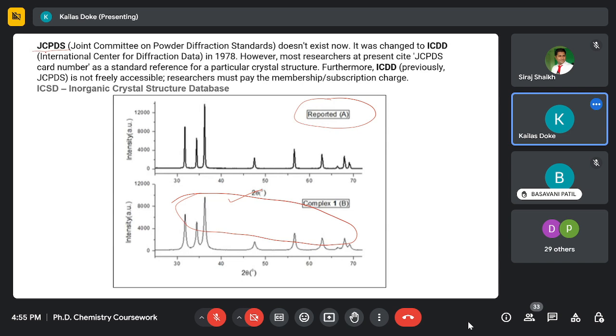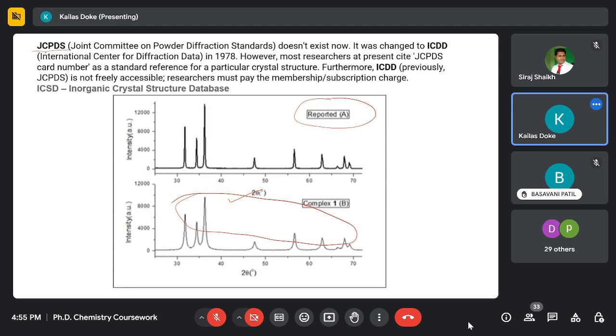Nowadays it doesn't exist, but many researchers still use JCPDS data as a reference, which is available in the literature. Now, the JCPDS is also called ICDD. Its full form is the International Centre for Diffraction Data.